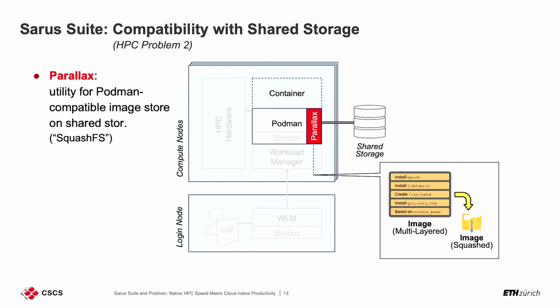This results in multiple transactions between the shared storage and the compute nodes, and this is very bad for performance. To avoid this situation, one of the jobs Parallax is doing is squashing or flattening this multi-layered image into just one layer, so that a file transaction can be just one round trip instead of multiple round trips.